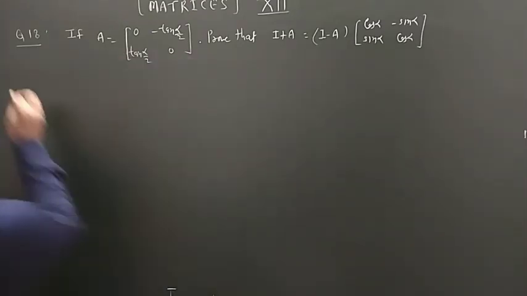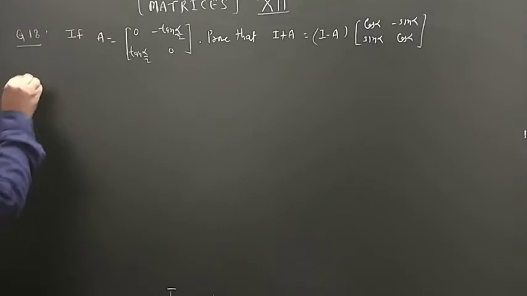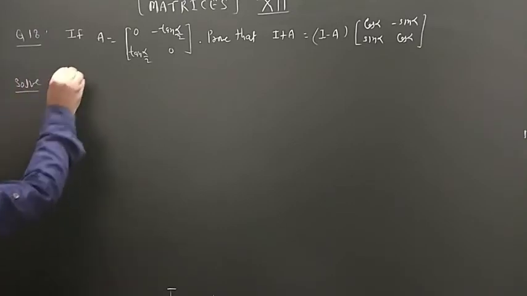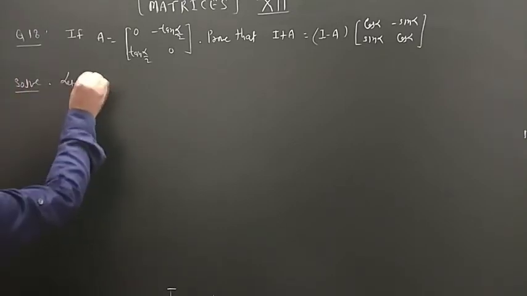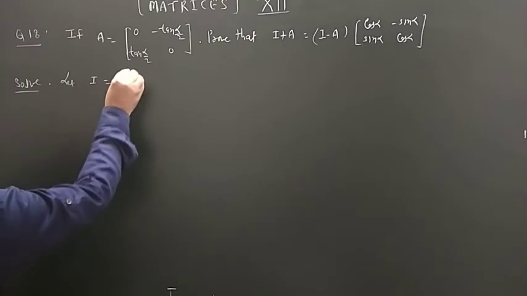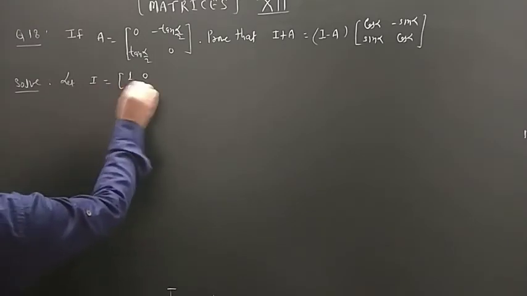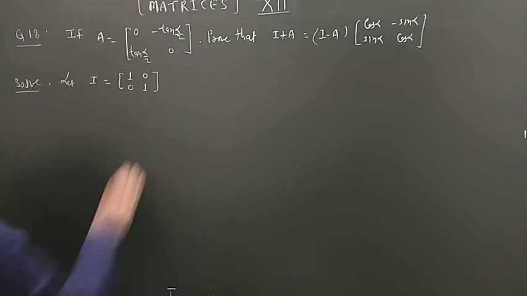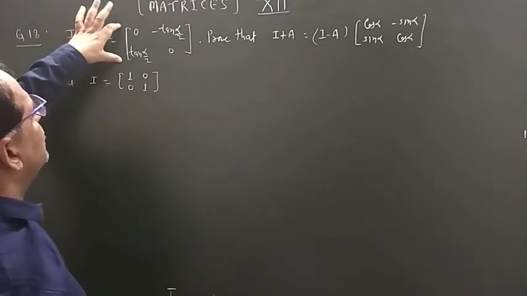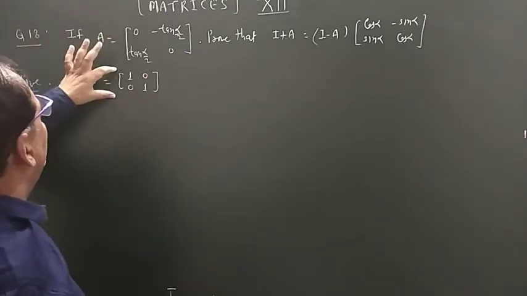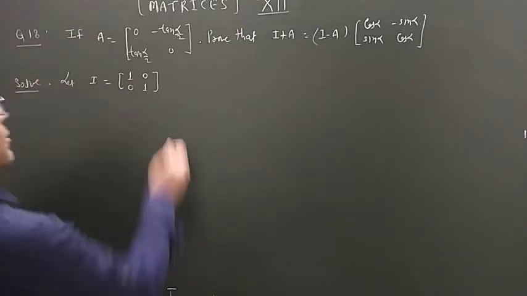So how can we start this? Solve. I equals 1 0 0 1, because the given matrix A is of 2 by 2, so we also take I of order 2 by 2.